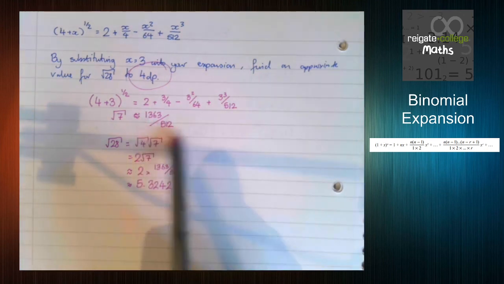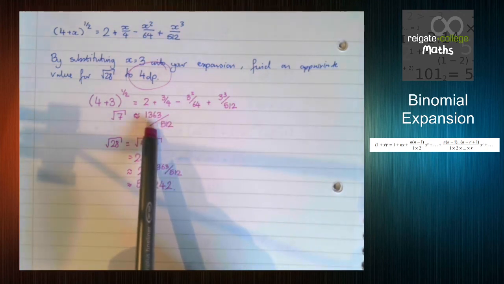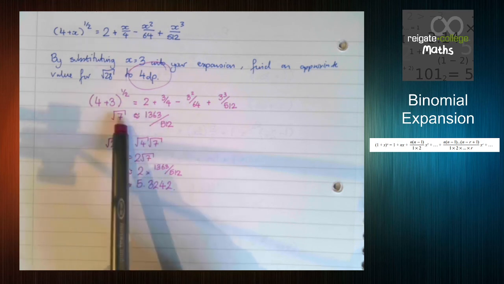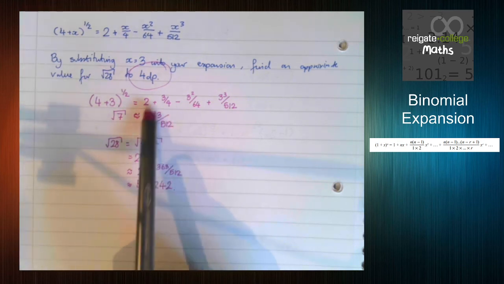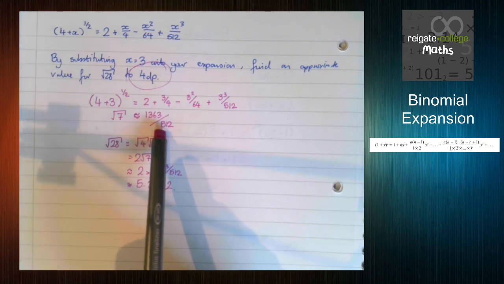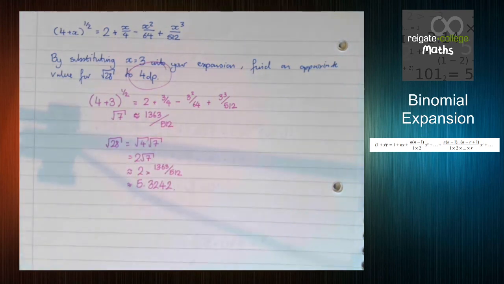This one, 2.66 and a bit, we can see 7 is between 4 and 9, and it's closer to 9 than 4. So this is going to be closer to 3 than 2, but it's going to be somewhere between. This is really important for this type of question, being able to judge the approximate value of what you're trying to find.